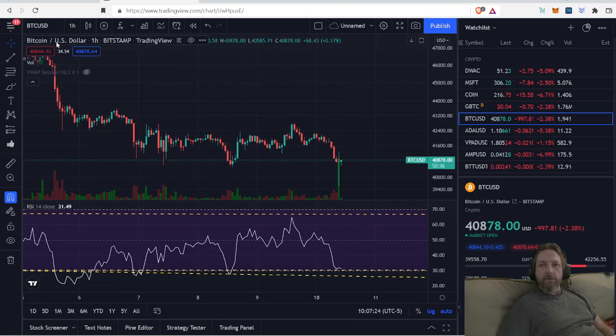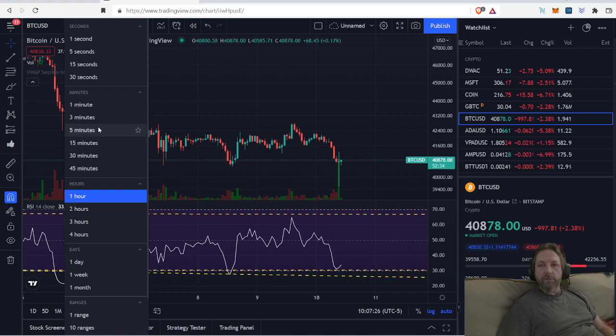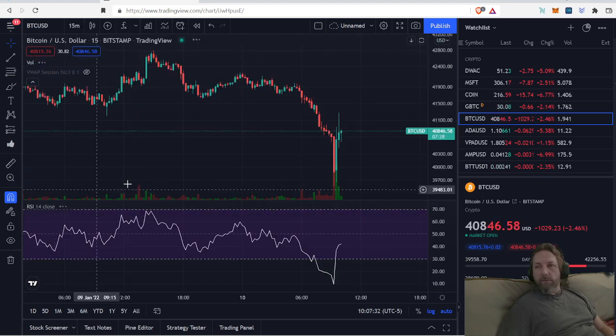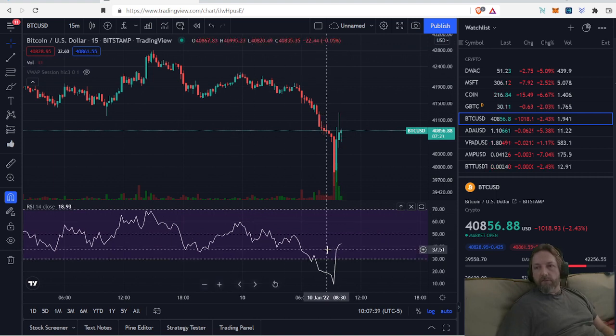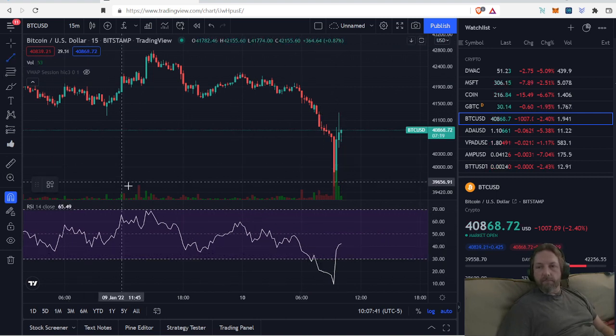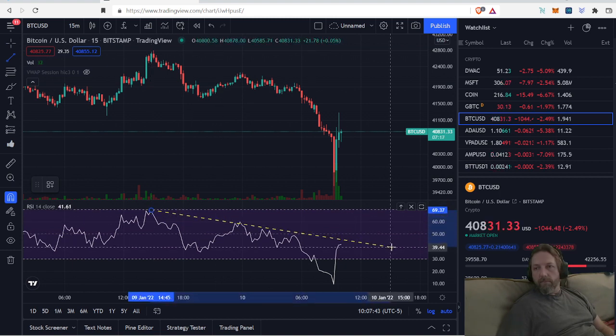Yeah, this might be a good short-term trade opportunity. I would say real short at this moment. On the 15, we've got some indecisiveness. Breakthrough right there. I want to be watching that.